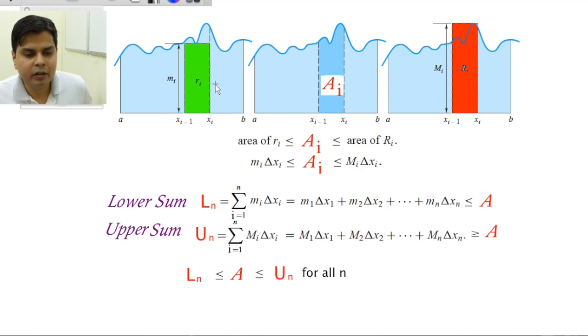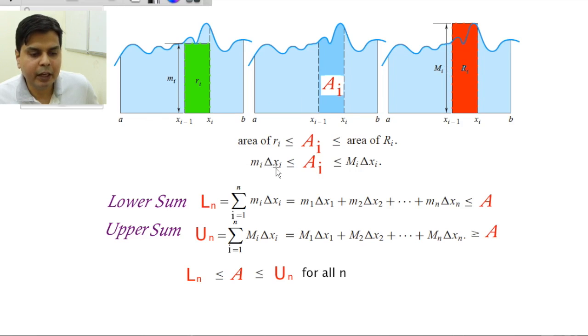Now as I had told earlier also, the area of this rectangle will obviously depend upon the height you are choosing. If you are choosing the minimum value as your height, you will get a smaller area, that is this is the green area. If you are choosing the maximum value of the function as your rectangle's height, you will get a larger area, that is this red one.